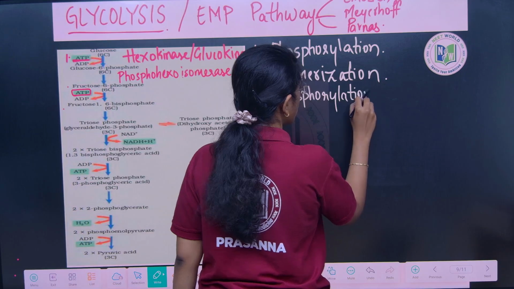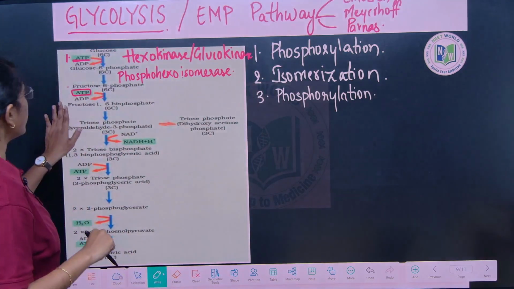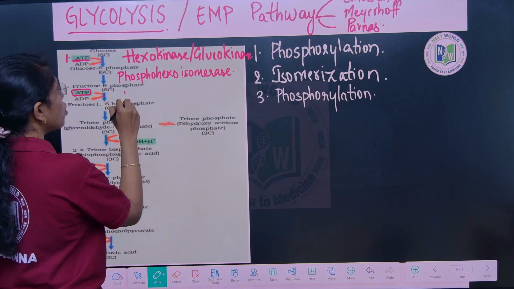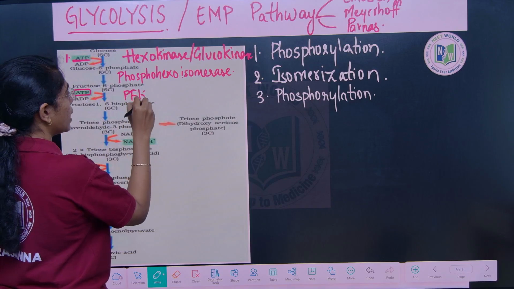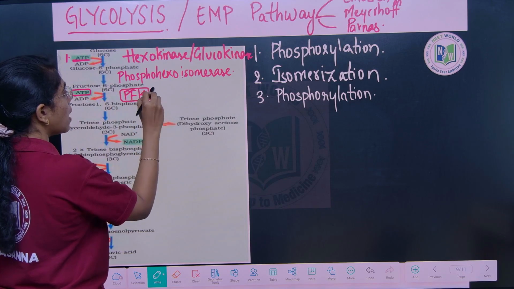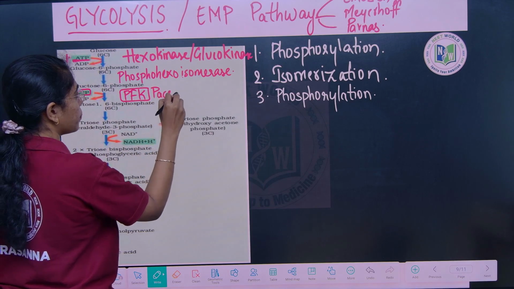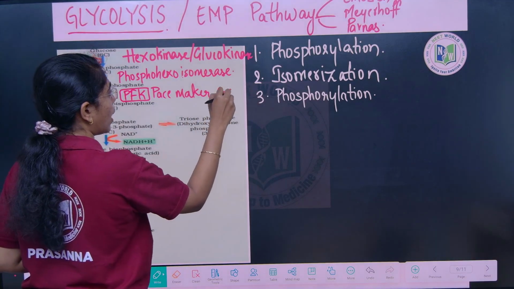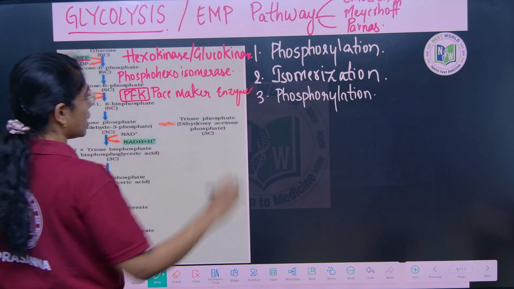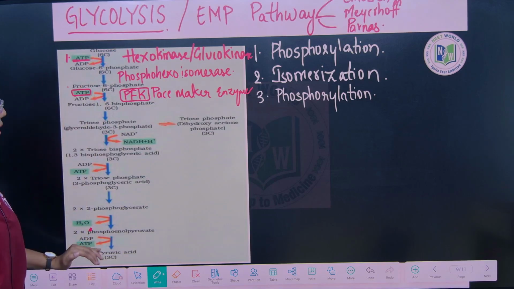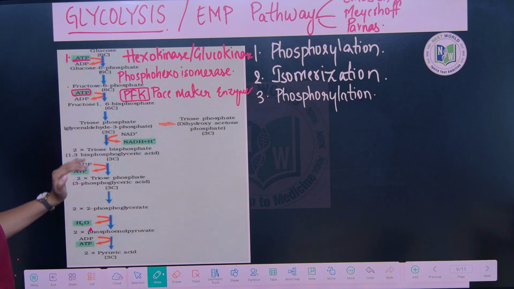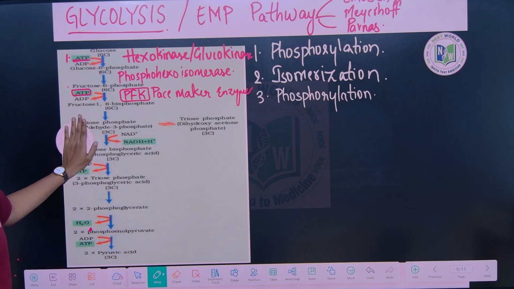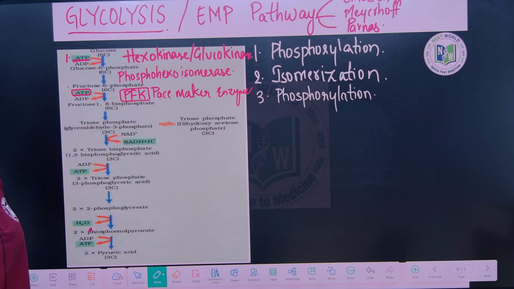The enzyme required is phosphofructokinase, which is known as the pacemaker enzyme. It is called the pacemaker enzyme because how fast glycolysis takes place is decided by this one enzyme, phosphofructokinase.